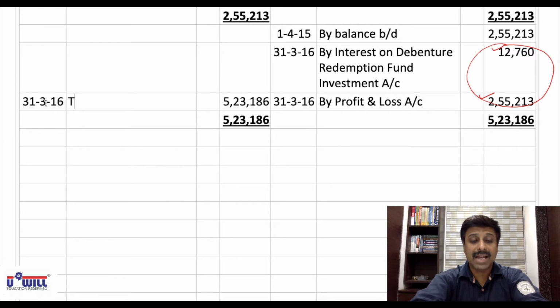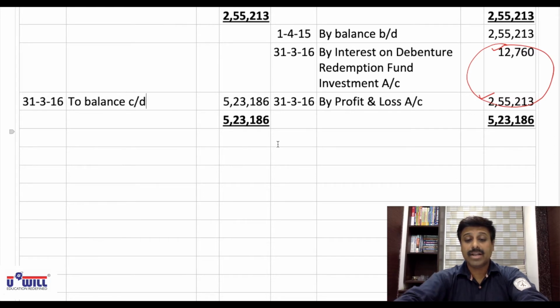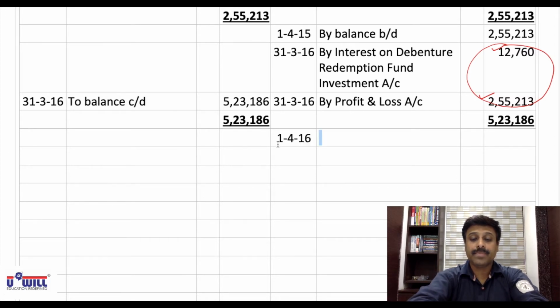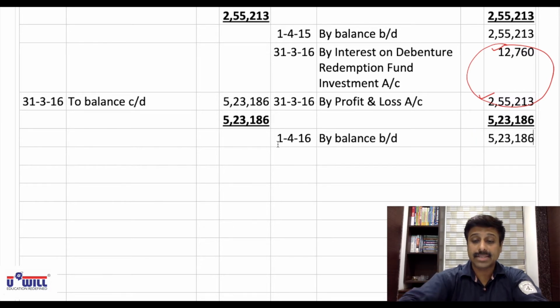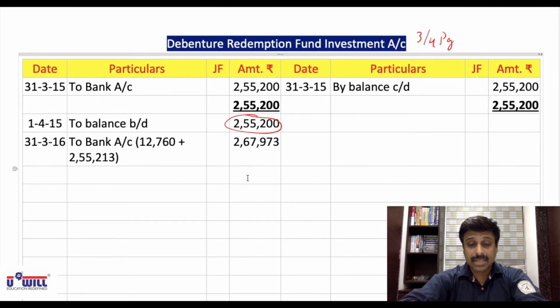By balance carried down, and opposite side after the totals, by balance brought down 523,186. Now investments account, all of you do it.